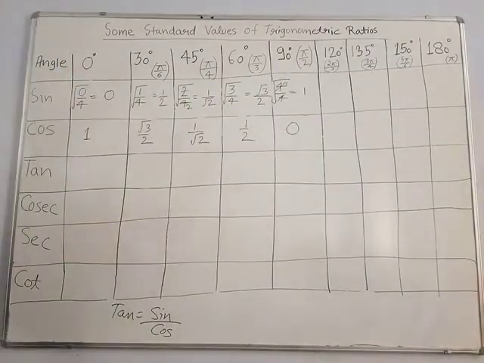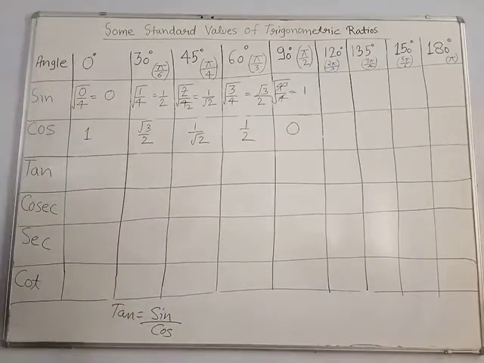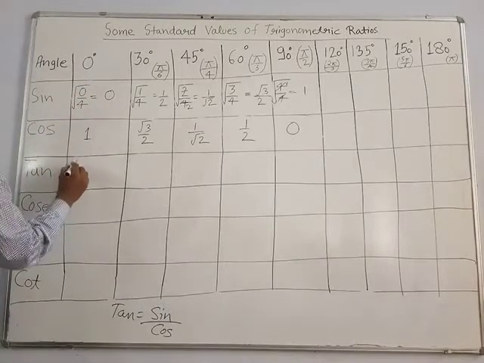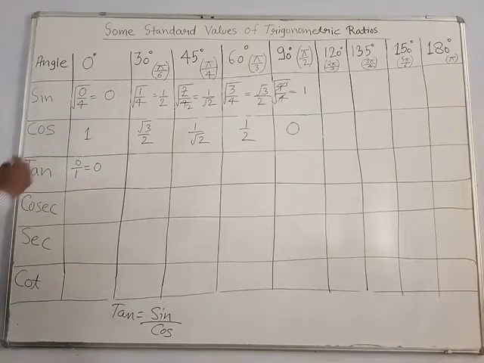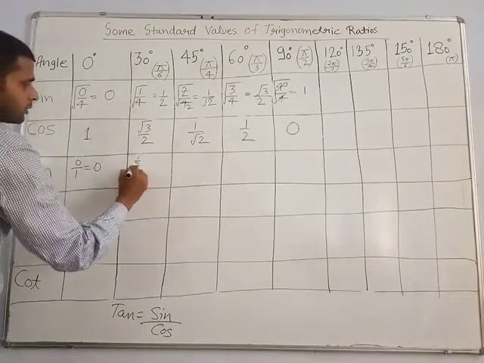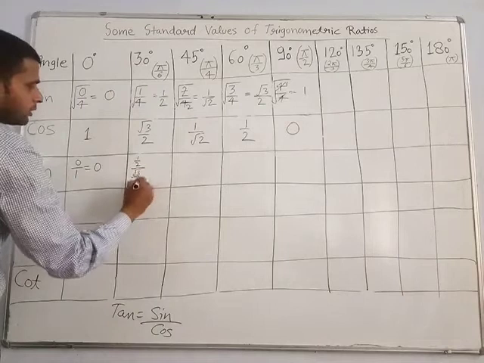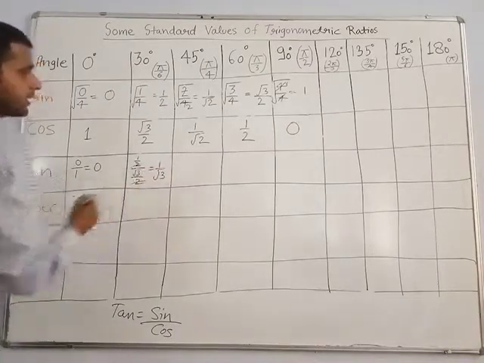Then tan theta. The value of tan theta is sin theta upon cos theta. So tan 0 is sin upon cos, that is 0, right? Then tan 30 is 1 upon 2 upon root 3 upon 2, the 2 cancels, that is 1 upon root 3.